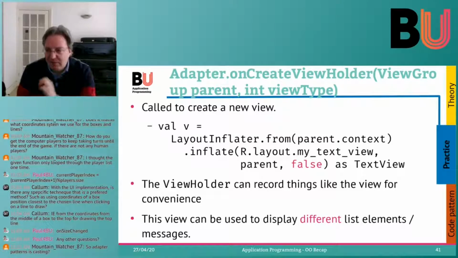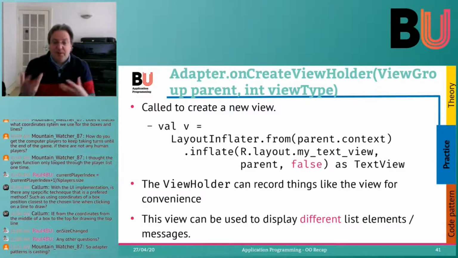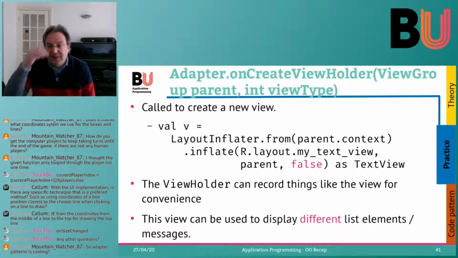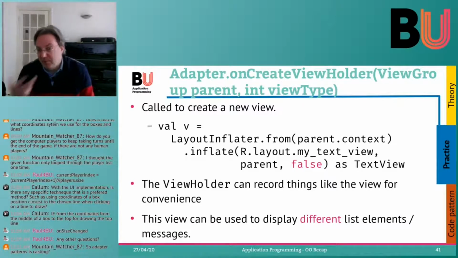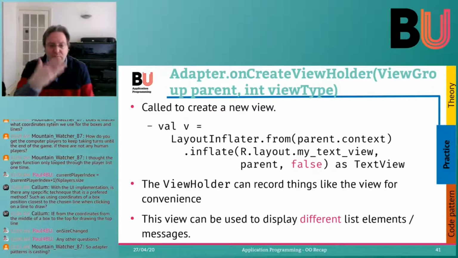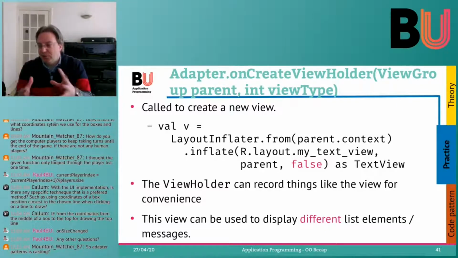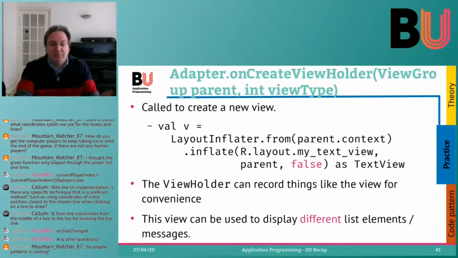But if you have different types of views, you could override the getItemViewType method, which is given the index of the item, wants to know what type it is, and then passes that along. So a view holder is something that holds a view, but there's no data attached to it yet. This will just create your view holder.